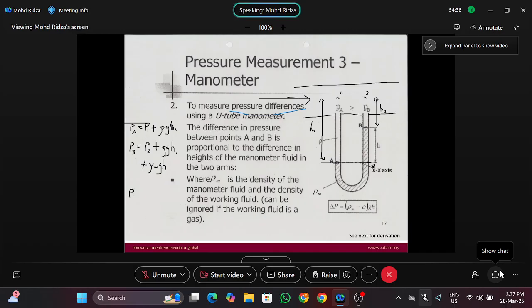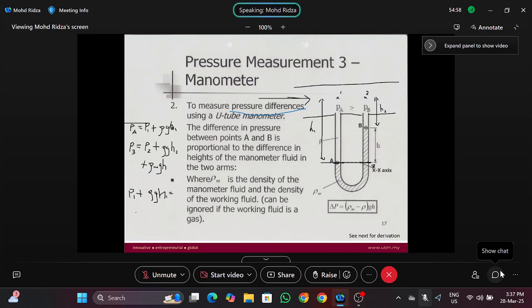PA is P1 plus rho G H1. This is PA, P1 plus rho G H1 equals P3.